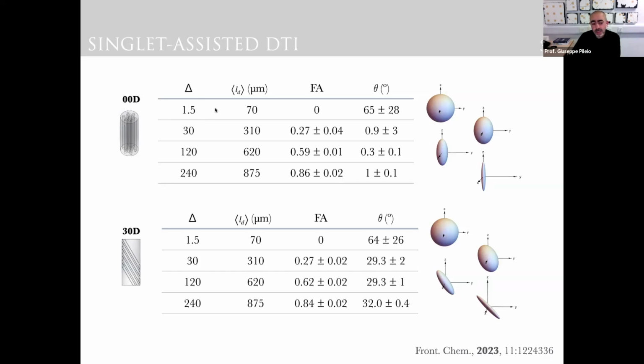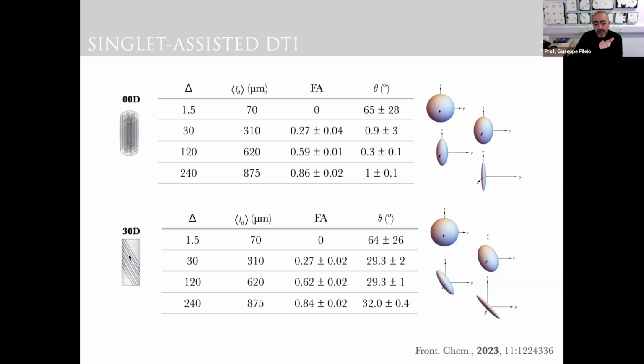And as you can see, if you don't allow enough time, you don't get the correct fractional anisotropy, but you also don't get the correct angle. Only when you have 30 seconds, or a couple of minutes, or 4 minutes, you start to build up the right fractional anisotropy and figure out the right angle of inclination of these chambers with respect to the magnetic field.